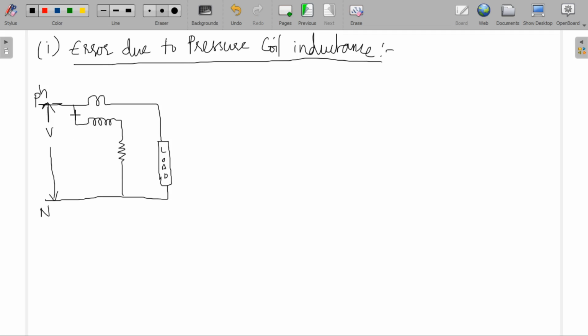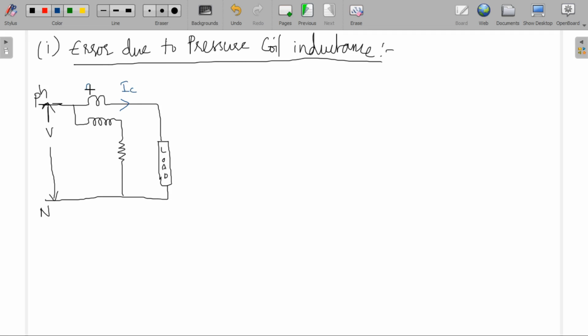V is the voltage which is applied across this pressure coil circuit. Current coil is connected in series with the load to carry the current which is flowing to the load. Pressure coil circuit is connected across the applied voltage. Let IC be the current flowing to the current coil.